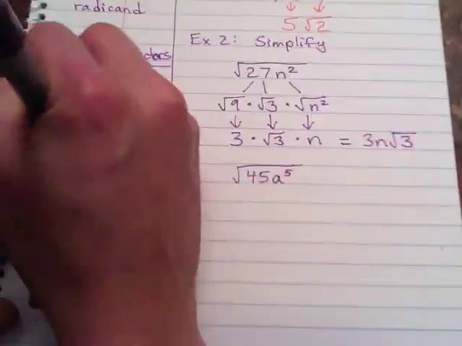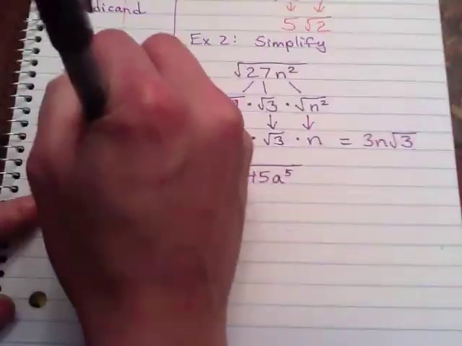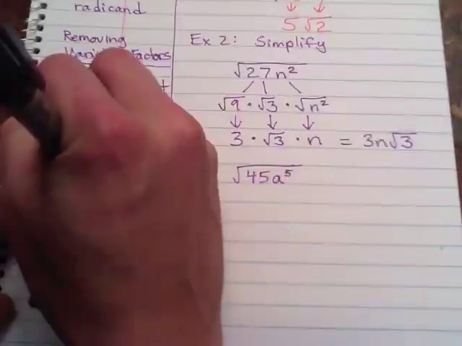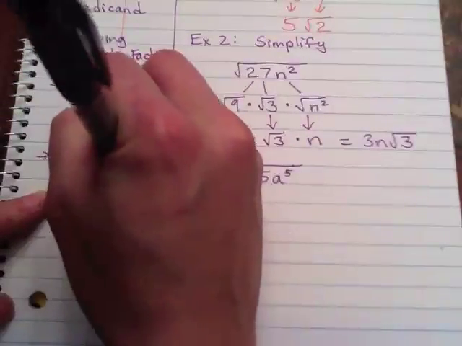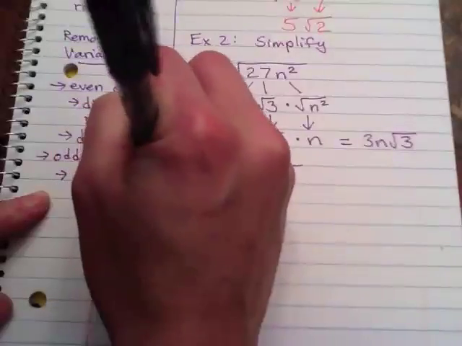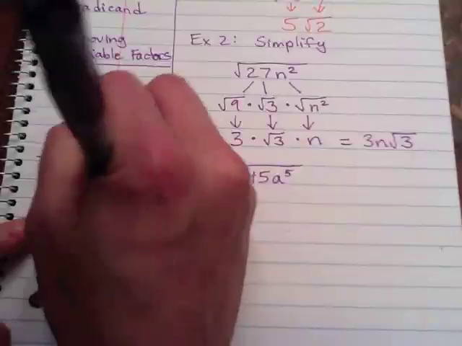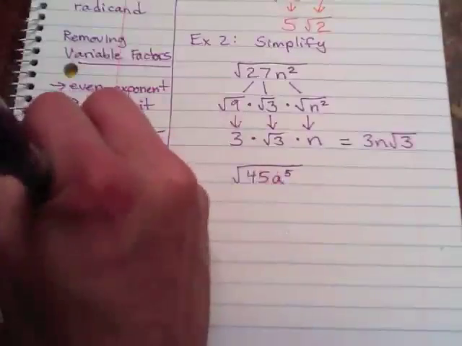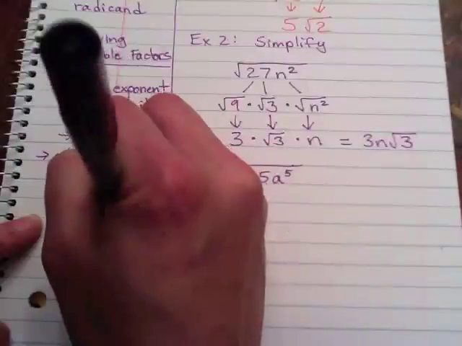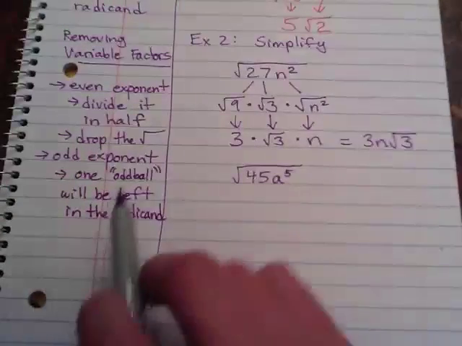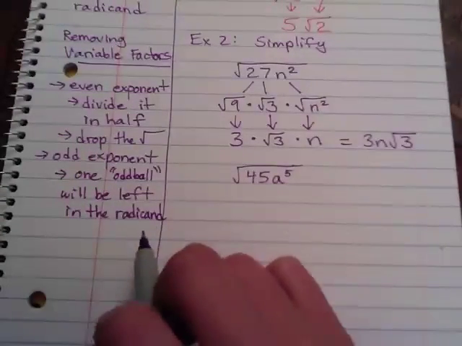So whenever you see an odd exponent, you're going to have that one oddball that ends up left in the radicand at the end.